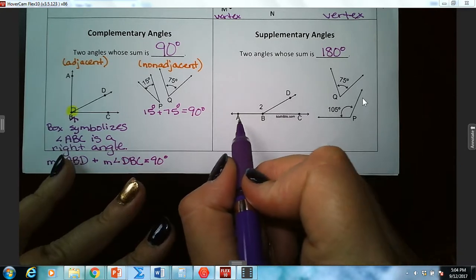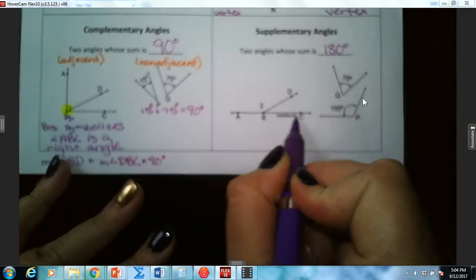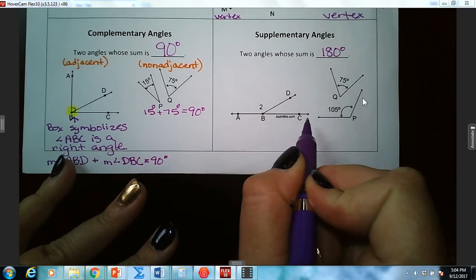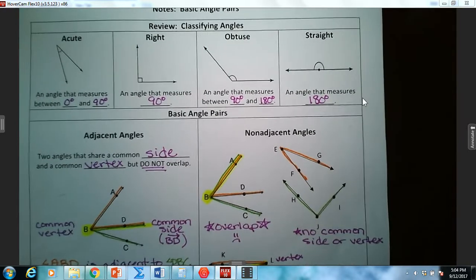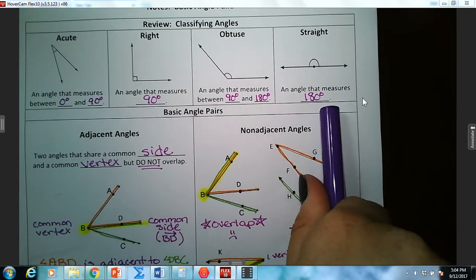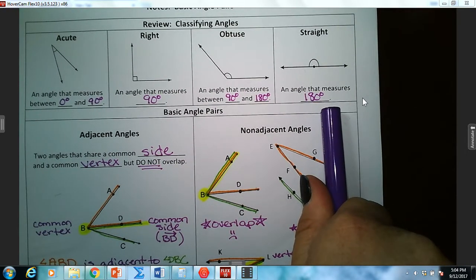One thing to note is angle ABC is a straight angle. Take a look at your notes at the very top of the page. A straight angle has a measure of 180 degrees. Well, a straight angle does look an awful lot like a line. In fact, a straight angle is a line.